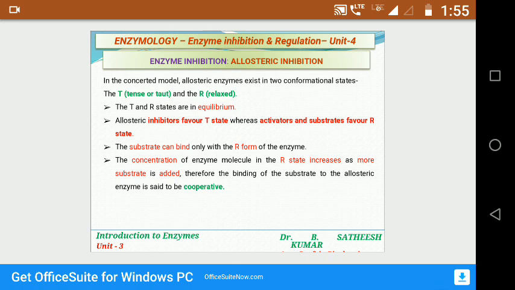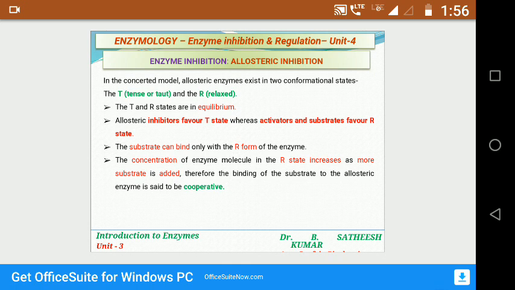Here cooperative means if we add some amount of substrate, that substrate will bind to the active site and increase the velocity of the catalytic activity of the enzyme. If we add the substrate further, then the increased amount of substrate will increase the R form.